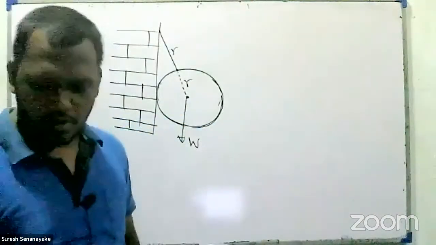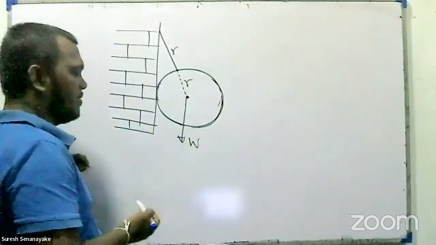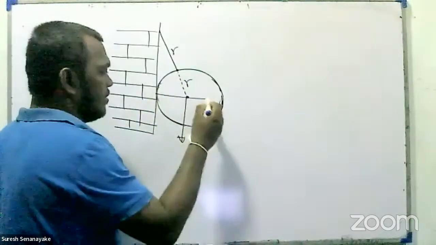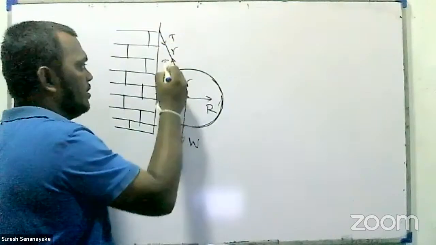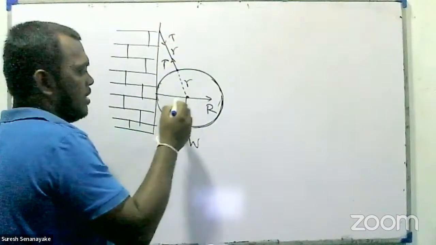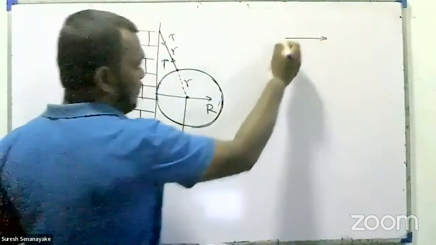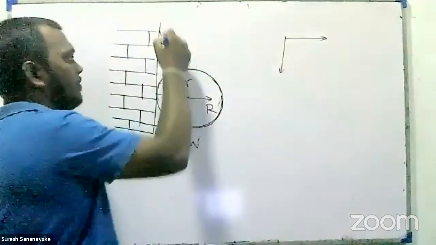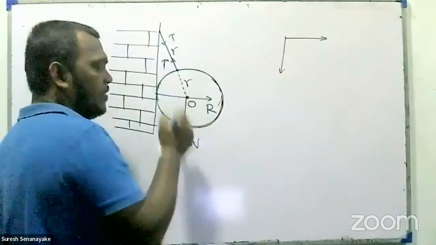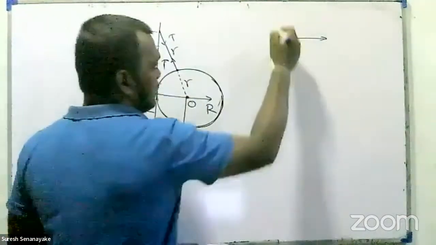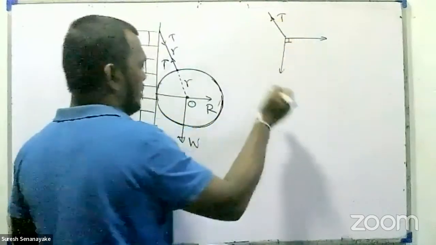Okay. Now, right. So for the ball, let's say the reaction is R, and the tension of the string is T, right? These three forces, R in this direction and the weight W downward, all meet at the center of the sphere. The tension is in this direction, and the angle is 90 degrees.